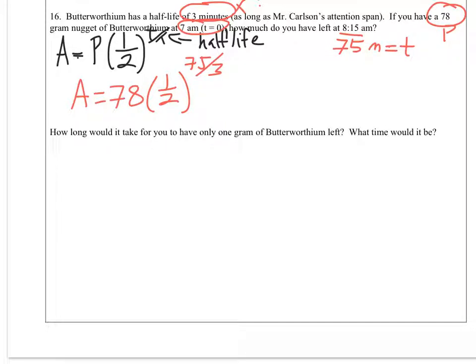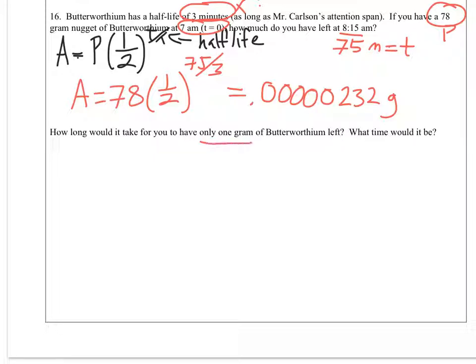And plugging these values in, that's 78 times 0.5 to the power 25. And we get 0.0000232 grams, which is effectively nothing left at this point of the day.